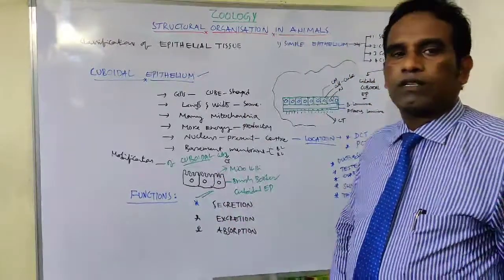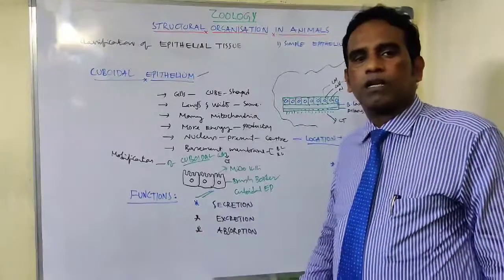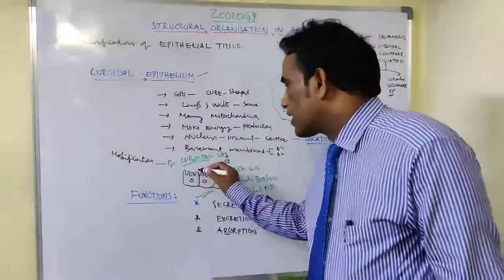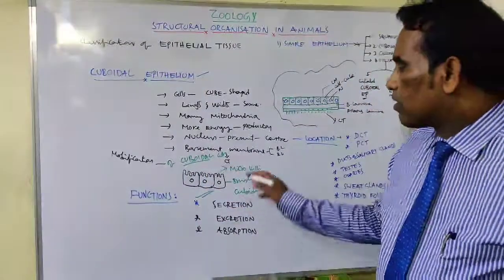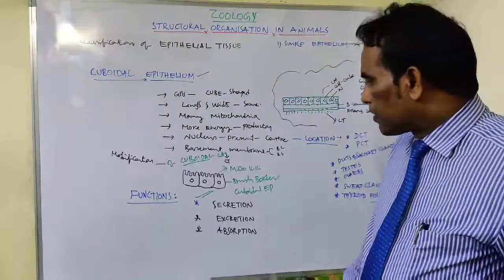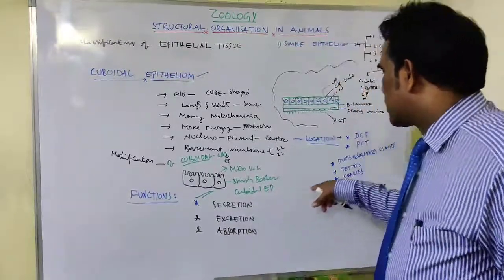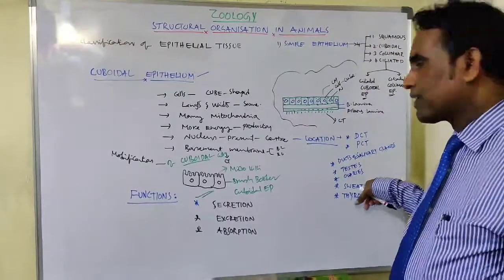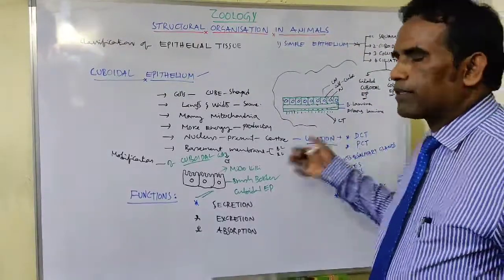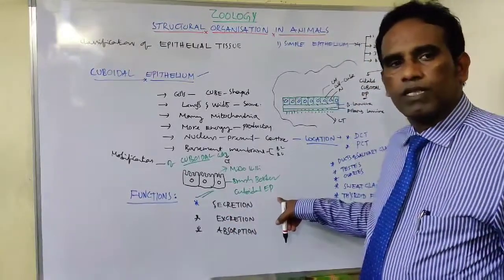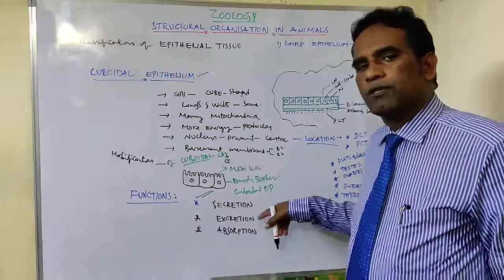Length and width of the cells are the same. In some, the free end of the cells has a brush border shape called microvilli, commonly called brush border cuboidal epithelium. The location is DCT, PCT, ducts of salivary glands, testes and ovaries, and thyroid follicles. The function is mainly secretion, excretion and absorption.